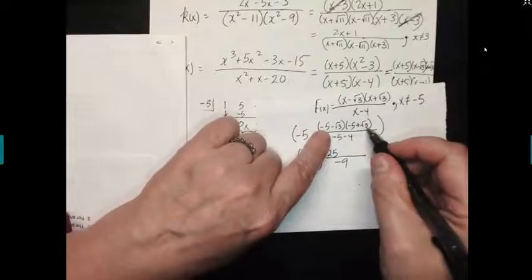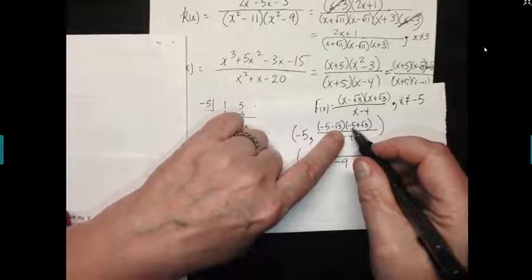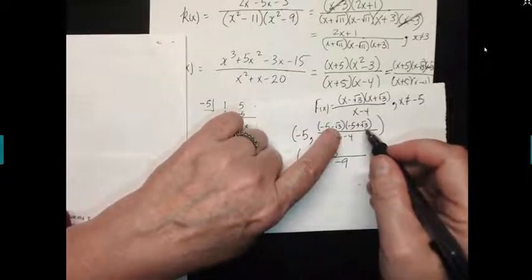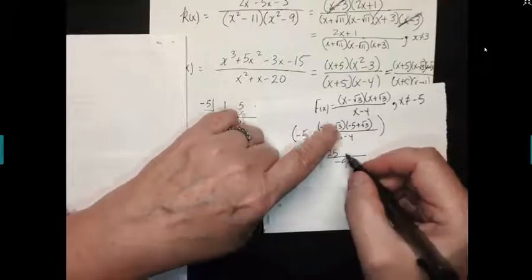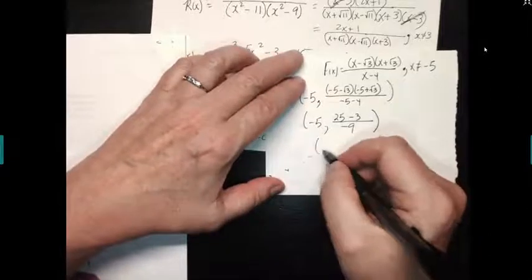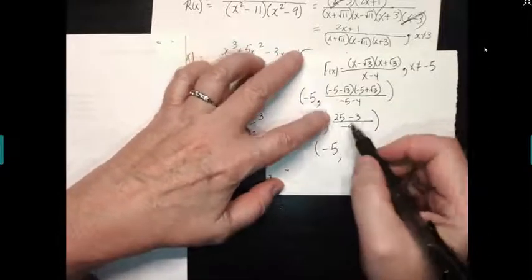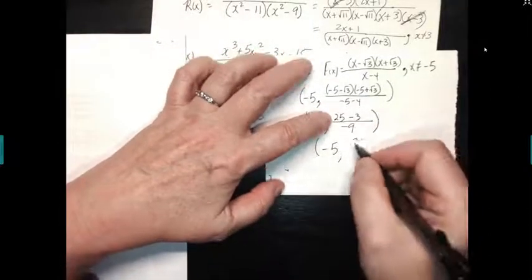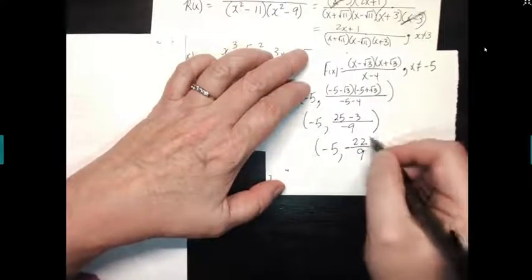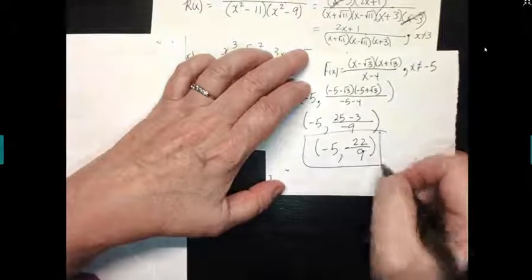Then minus 5 times root 3 plus 5 times root 3. So they will cancel. And then I'm going to have negative root 3 times root 3, which will be minus 3. So the hole will be at 25 minus 3 is 22. That is where the hole will be.